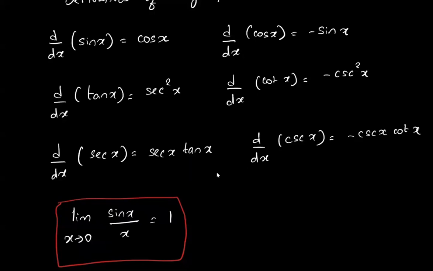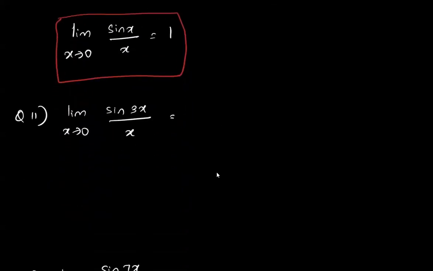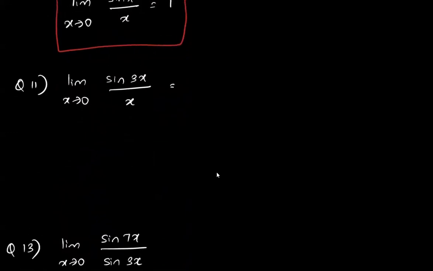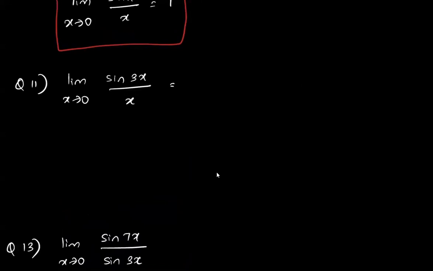And then this is a special limit. The limit as x approaches 0 of sine x over x is equal to 1. So the first question here asks you to use this special limit to evaluate this. So what we are going to do is rewrite this very quickly.